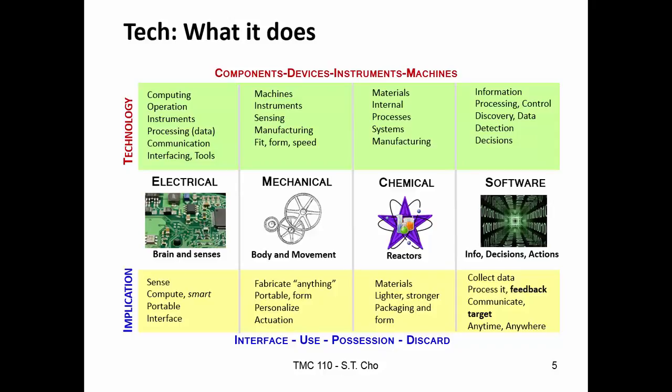And so I can fabricate anything regarding actuation. You are a chemical reactor. You are a whole bunch of chemical reactions just taking place. And so subsequently, based on chemistry, we can make better materials than what we are, lighter and stronger. And then finally, software. And software is about how we make decisions and actions.